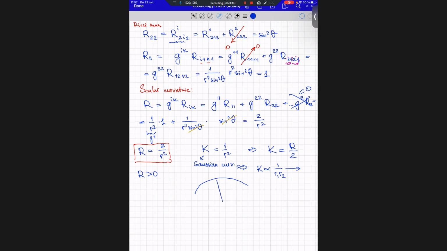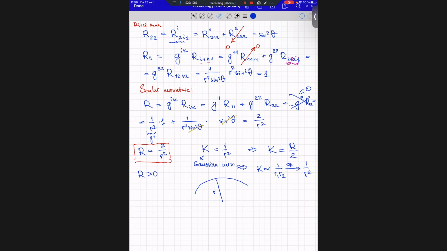For this surface the main radii are the same, R1 equals R2 equals R, because we can create this surface with one radius, which you can see from the metric. So this is for the sphere: it will be 1 divided by r squared.